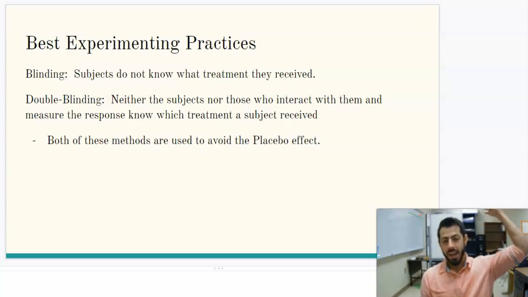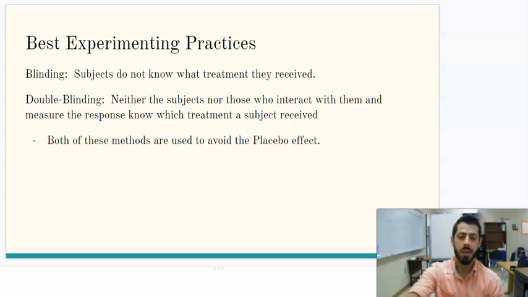The person at the back knows. I don't know who got what, and the people receiving don't know who got what. So neither the subject nor the person interacting with the subject has any idea who's getting what. This is done in instances where my interaction and my expectations for what I would see could be swayed. And that makes sense.